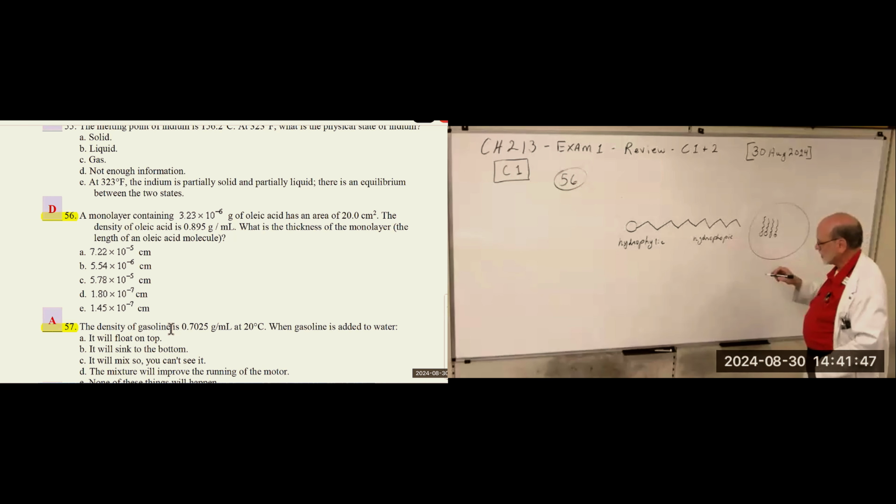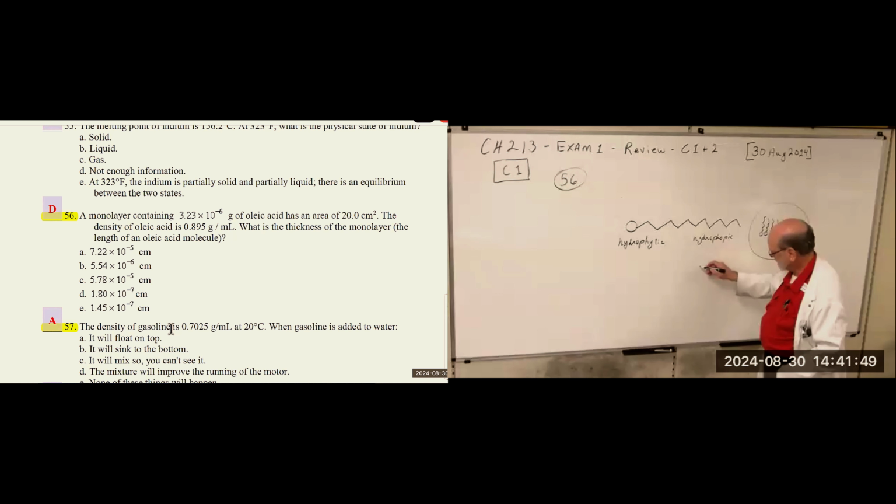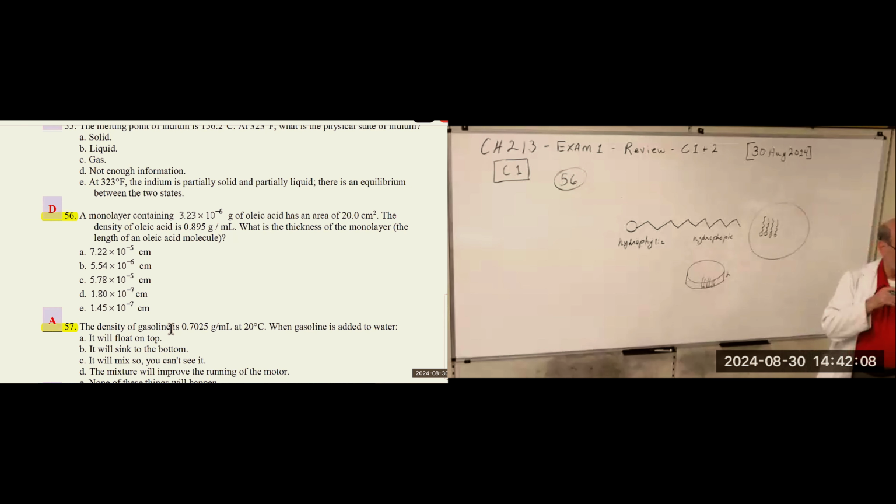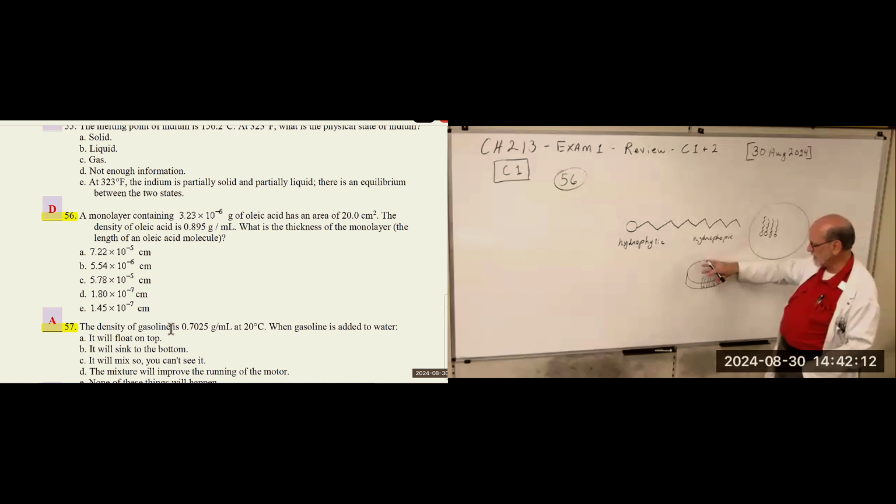If we look at it in terms of a cylinder, what we see is the heads against the water like this, then their tails up here. This is the height of the cylinder. The length of the molecule is the height of the cylinder. So we have this monolayer of these oleic acid molecules.